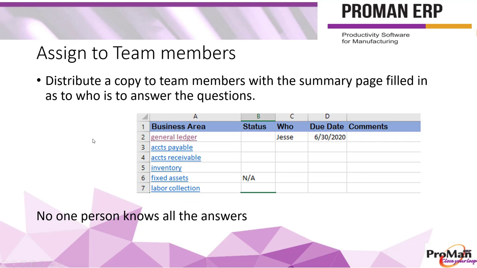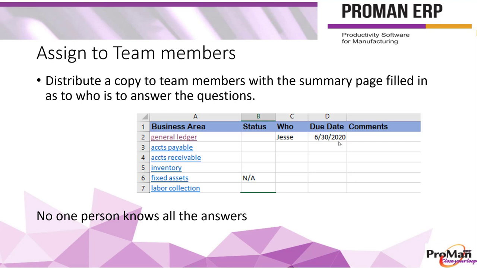But before we do that, the idea here is that we're going to assign these to different team members to fill out and give us their feedback. So on this summary tab, we're going to put down who is going to answer these questions and when they are going to be back by.